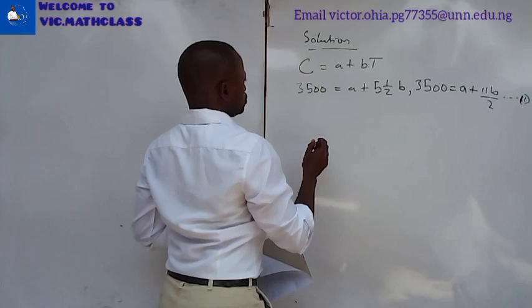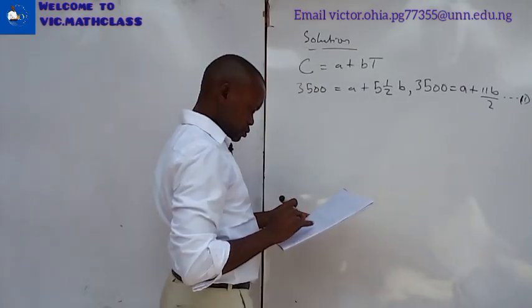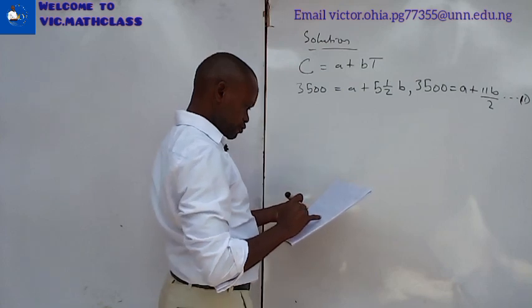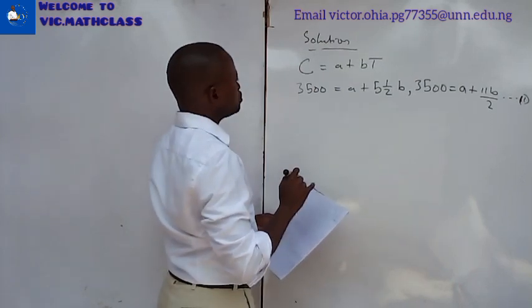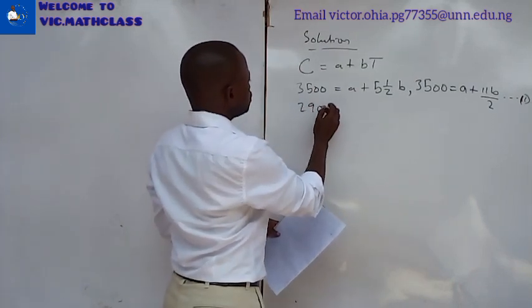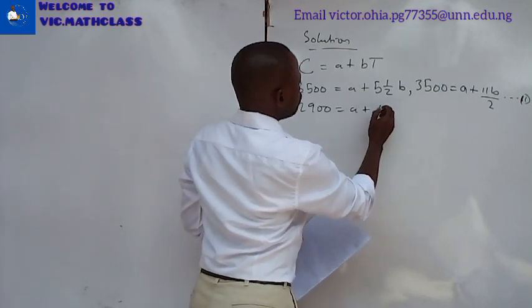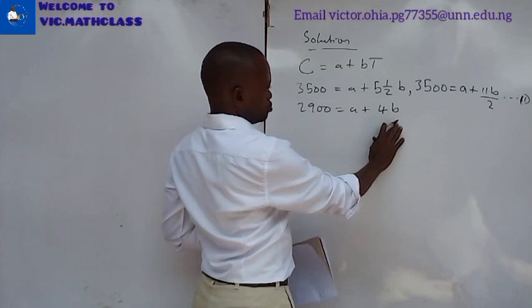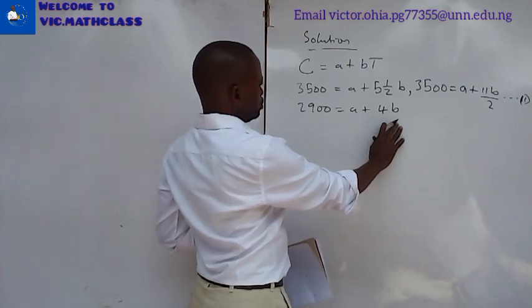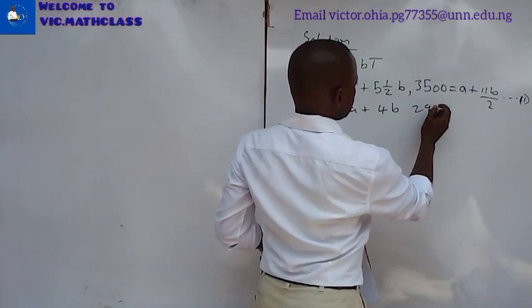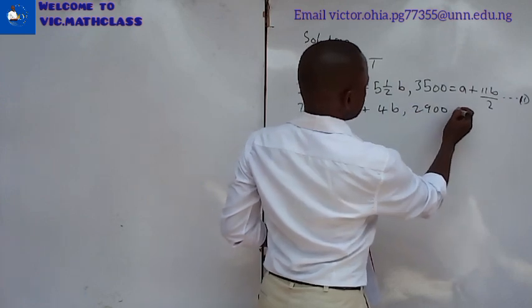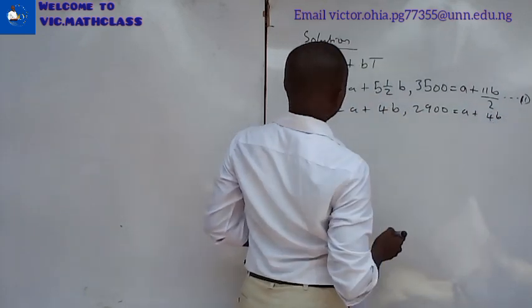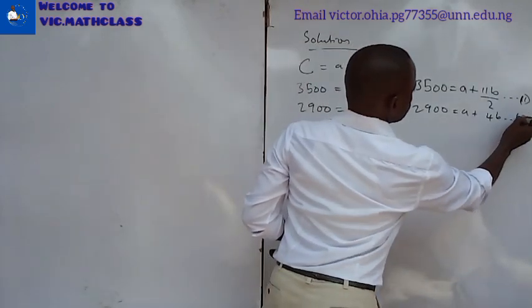Then they also say for 2,900, what you will have is a 4 hour service. So 2,900 equals A plus 4B. Call it equation 2.